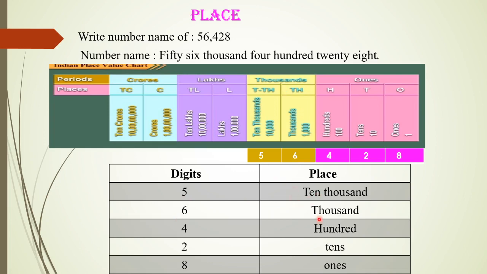The third digit is 4, at 100 place. 2 is at 10's place and 8 is at 1's place. So 8 is 1's place, 2 is 10's place, 4 is 100 place, 6 is 1000 place, 5 is 10,000 place.